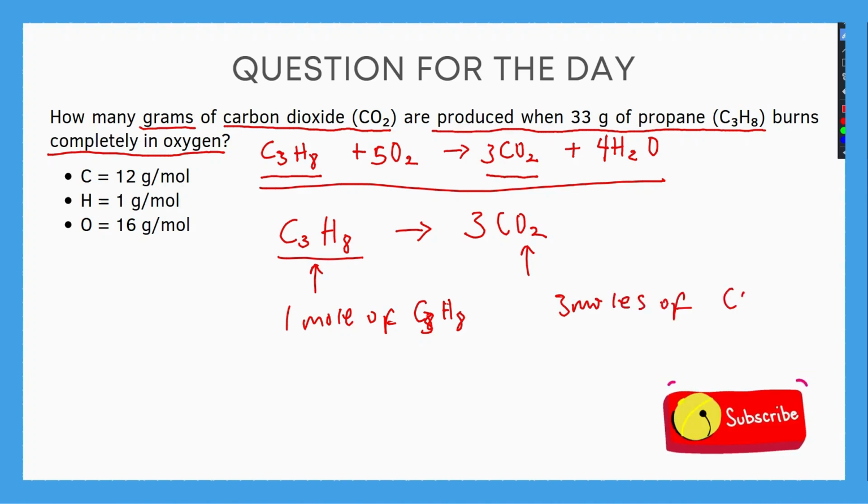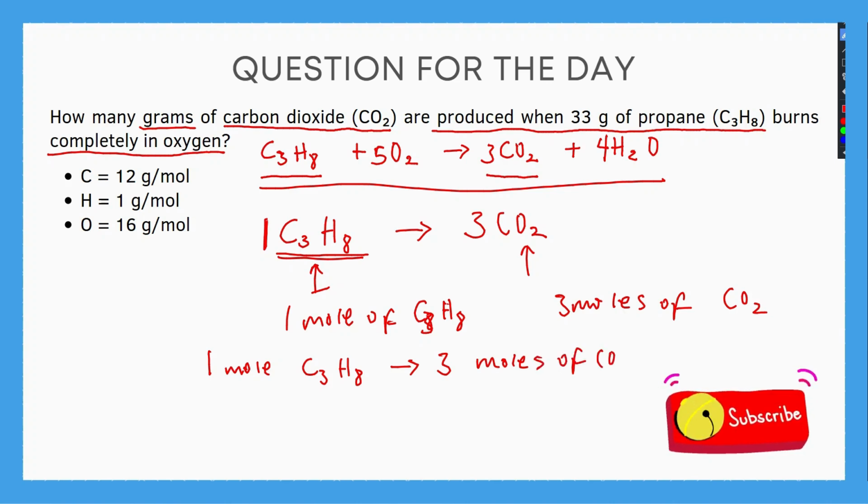of CO₂. How do I know it's 1 mole of propane? Because the coefficient over here is 1, and 1 multiplied by all of this remains the same. So from the equation, 1 mole of C₃H₈, or propane, gives us 3 moles of CO₂.